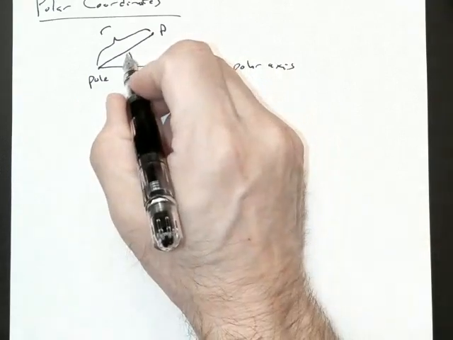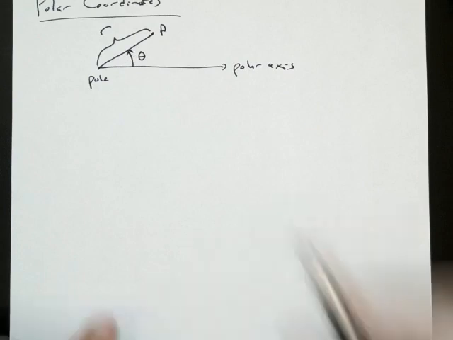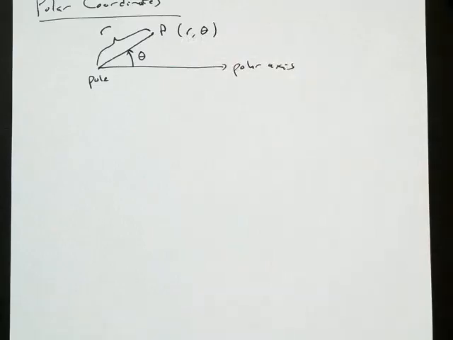And I'm going to measure the positively oriented angle from the polar axis to the ray connecting the pole and the point, and the coordinates will be r and theta. First thing I notice is that now a point is not uniquely defined by its coordinates.